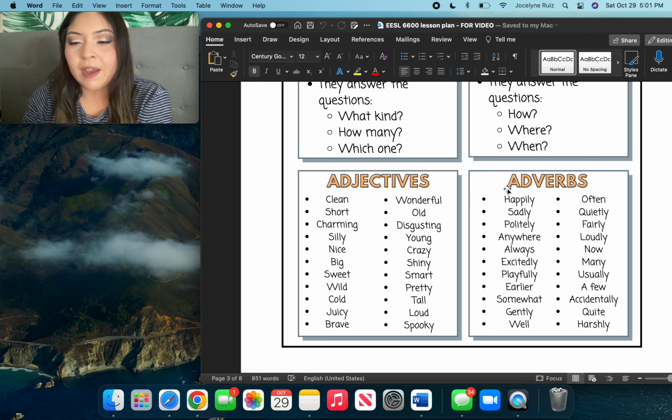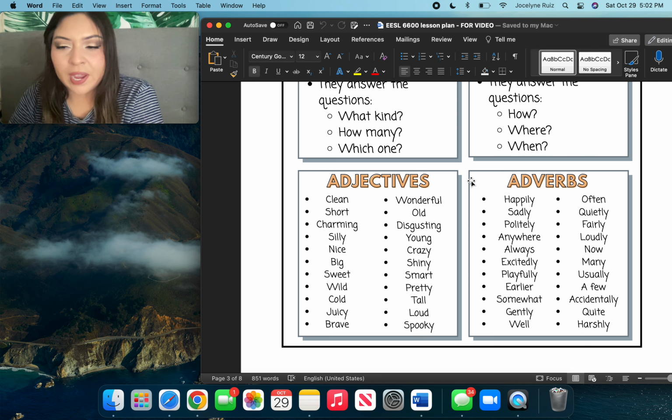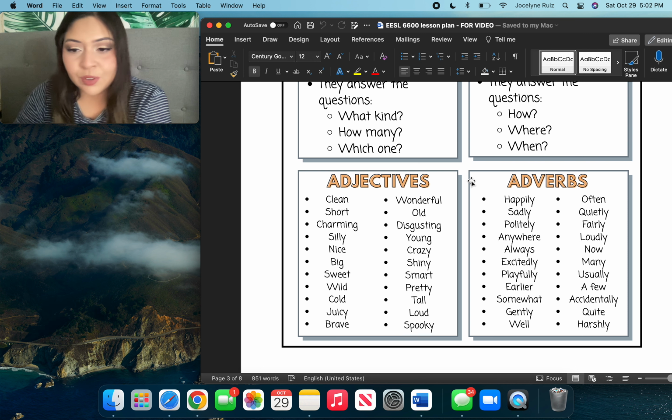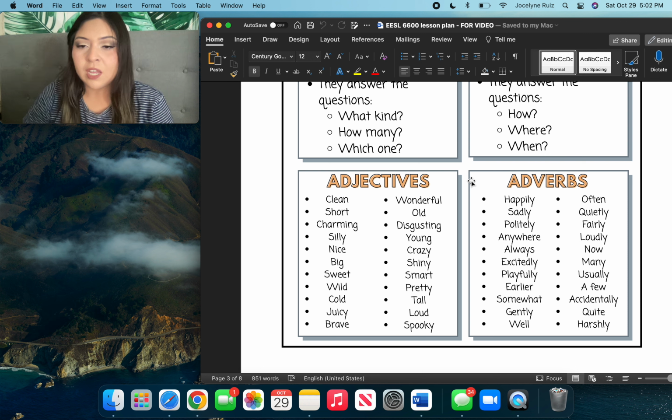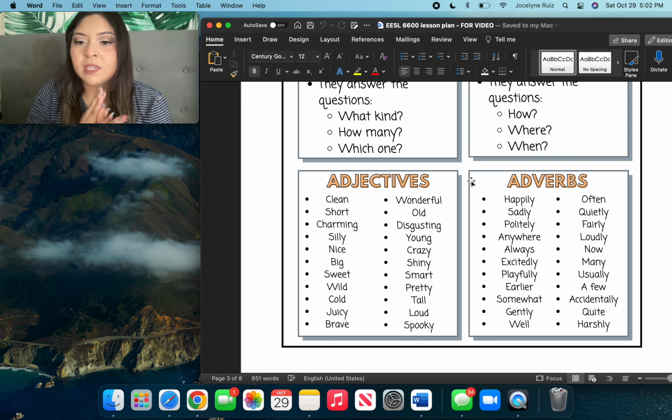And on this side, we have the adverbs. The adverbs that I have for you guys are happily, sadly, politely, anywhere, always, excitedly, playfully, earlier, somewhat, gently, well. And the second column: often, quietly, fairly, loudly, now, many, usually, a few, accidentally, quite, and harshly. Some of you may be using these words, some of you may not, but it's okay because you are still learning and you can expand your vocabulary since you are being exposed to these words already.